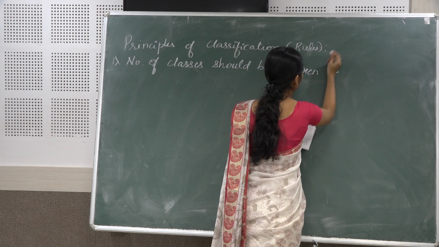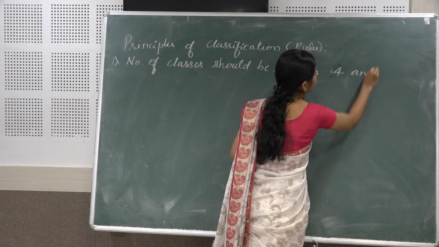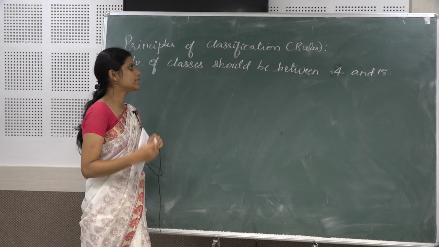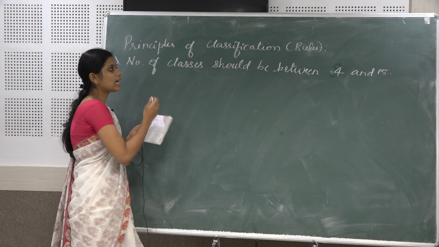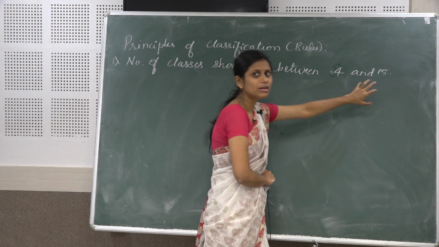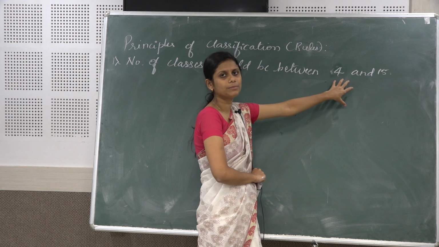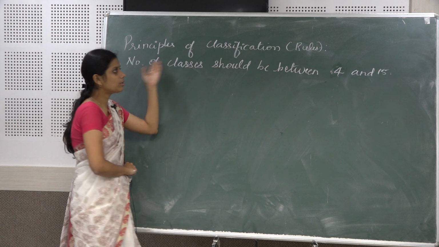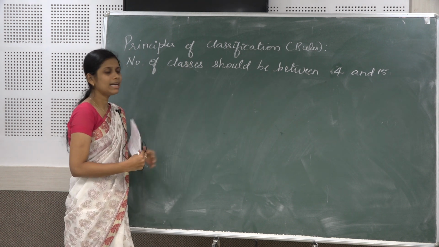4 and 15. That means while framing the continuous frequency distribution, the number of class intervals should be minimum 4 and maximum 15. Within this range you have to frame the class intervals. So the first principle says that the number of classes should be between 4 and 15.